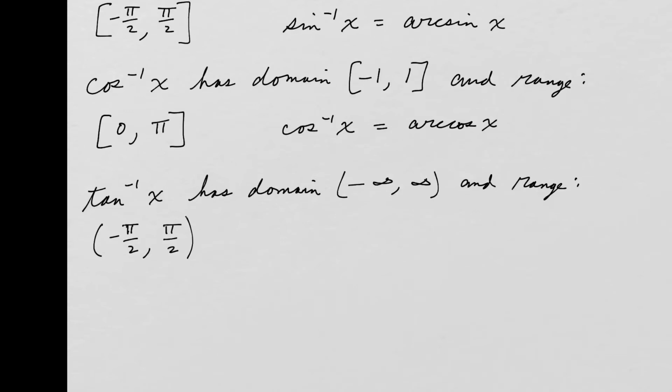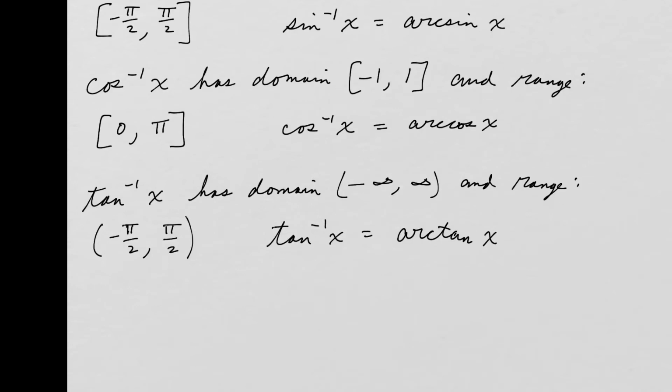Those are the possible angles that would be the output of the arc tangent function or inverse tangent function. And again, another name for inverse tan is arctangent. So arctan of x.